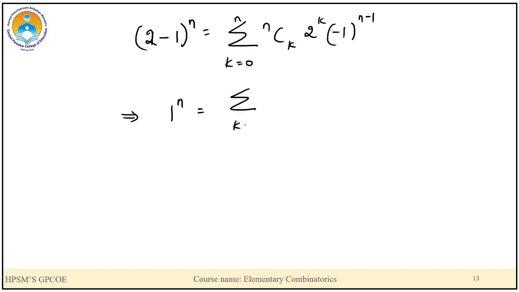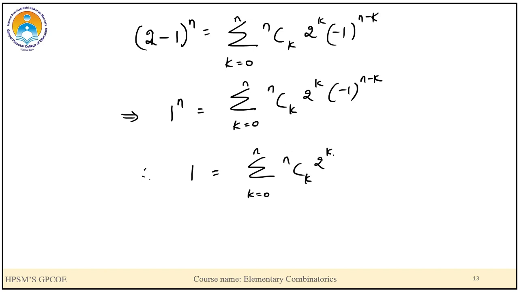And the summation remains the same. There is no need to alter anything over here. And I get the required result. So that is it for this module.